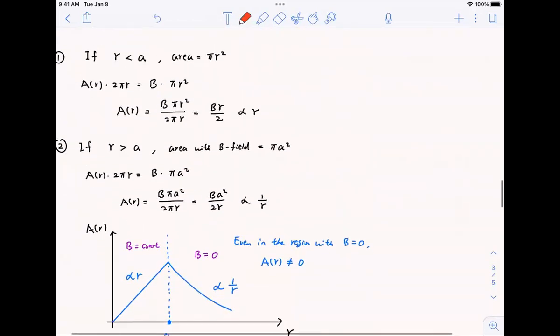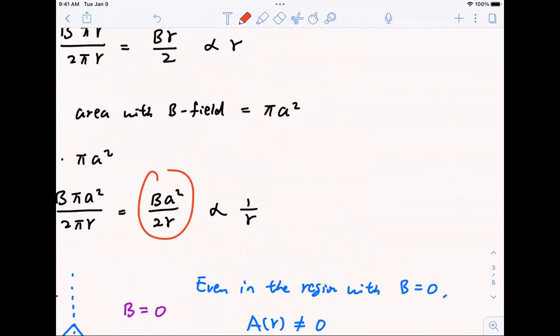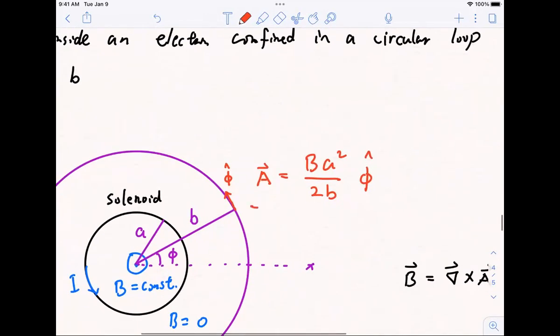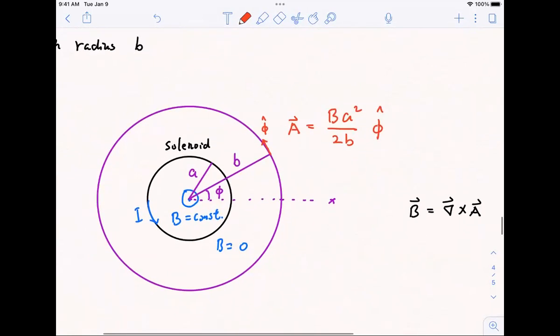So you just use this equation. You just take the R to be b, that is B a squared over 2b, and then you add the vector. So that will be the vector potential in this loop. Now let's consider there's an electron here. The electron is confined in this loop. So the electron is free to move in this loop, but only in this loop. We want to see how the electron energy will change due to the magnetic field inside this.